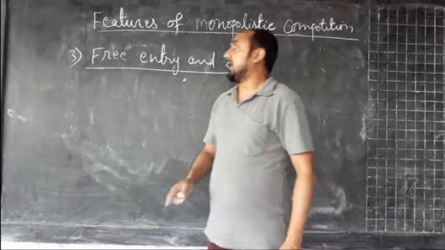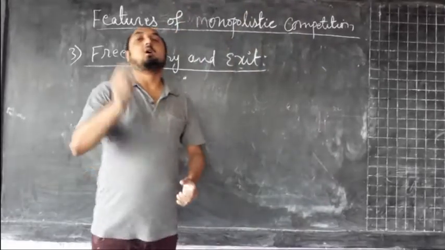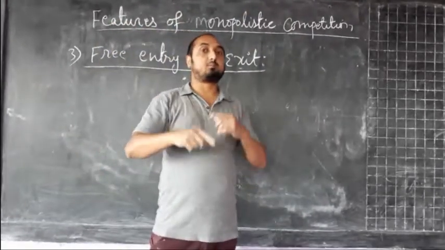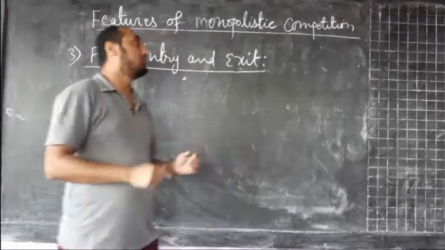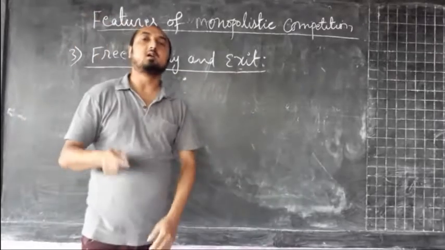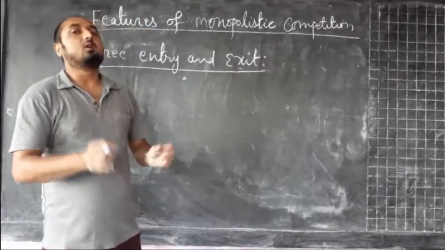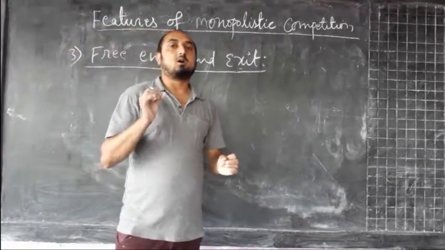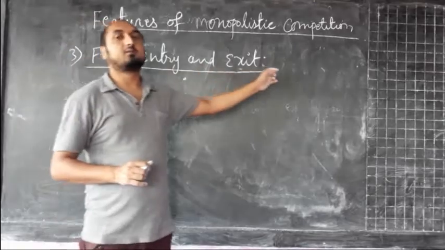The third feature we have is free entry and free exit. If you go to the perfectly competitive market, in that market also you will find these features, free entry and free exit. So in the case of monopolistic competition, one of the important characteristics is free entry and free exit.